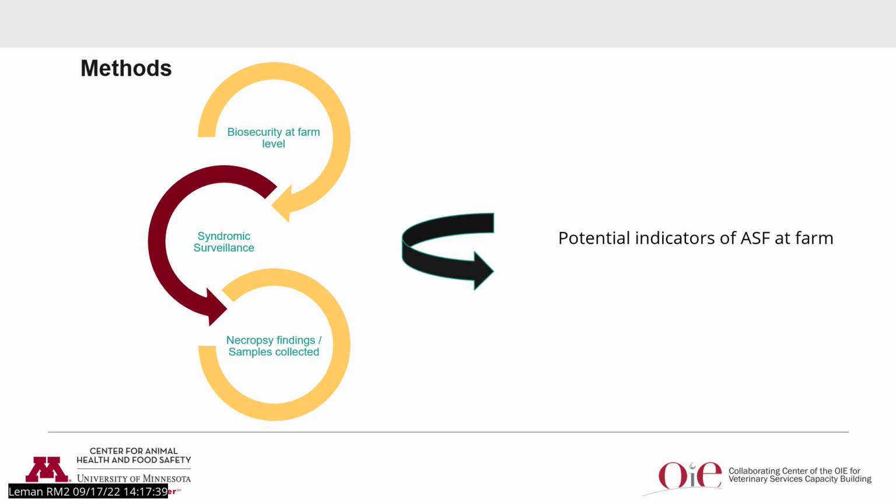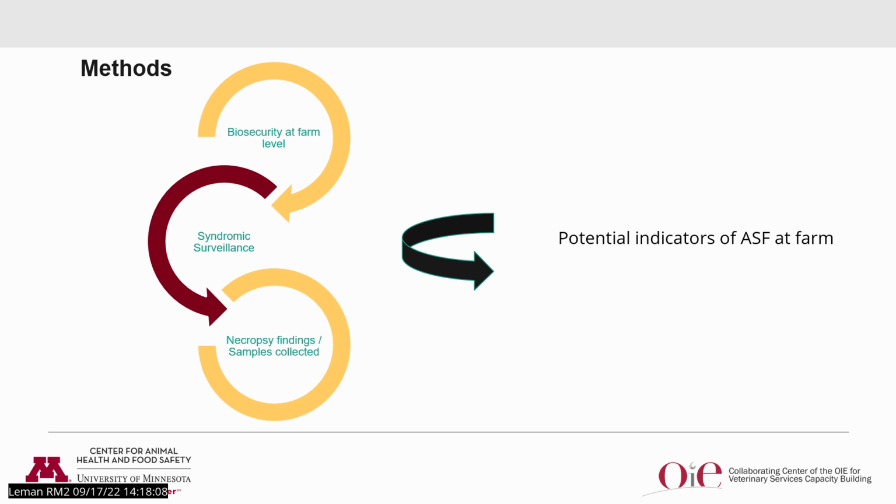The first one is an evaluation of the biosecurity features of the farm or group of farms. And in that sense, it's somehow related with RABAP, with some of the work that Gustavo has been showing and doing. And that represents an initial background information, cross-sectional information of what may be a priori the expected risk of that farm. That's done at the beginning of the study and renewed on a regular basis.